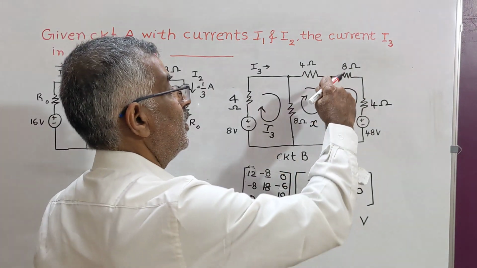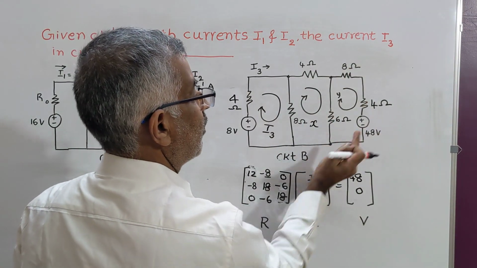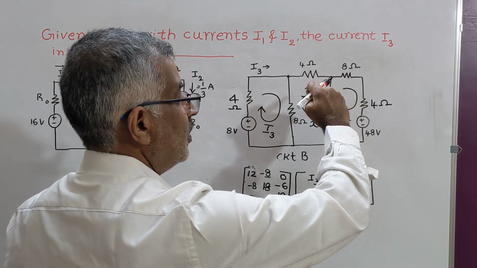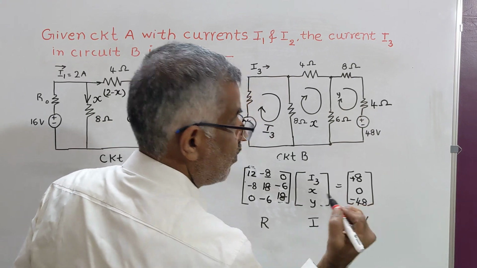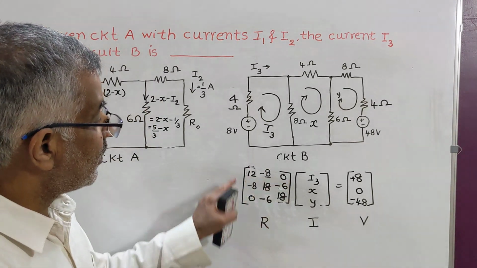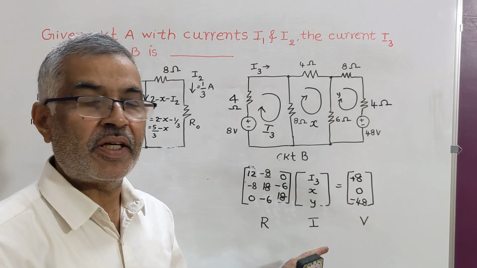Then third one, the mesh current is like this, but the positive 48 volts tries to drive in the other direction. Therefore, take this with minus sign: minus 48.